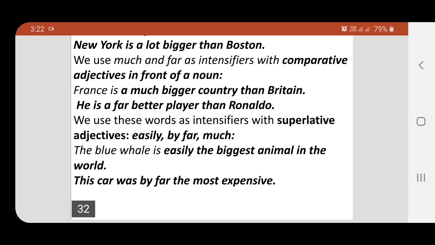So we have an intensifier and the adjective, and the noun, namely animal. So easily the biggest animal. This car was by far the most expensive one.